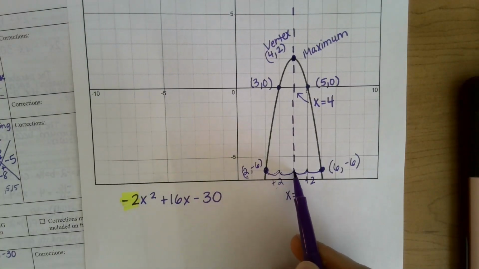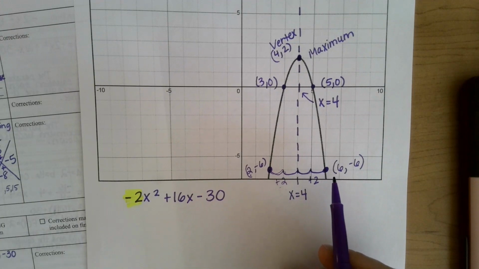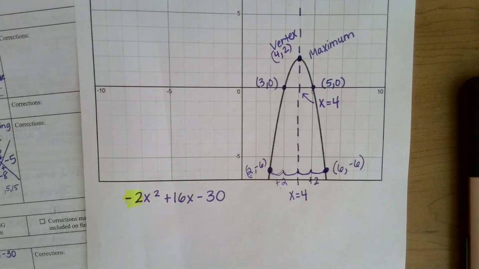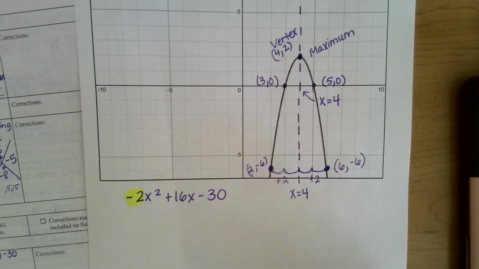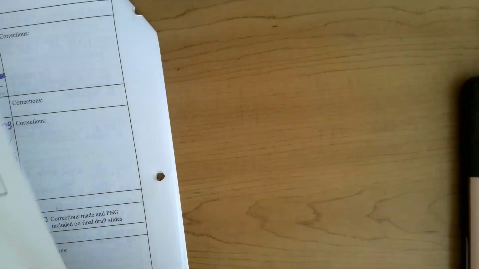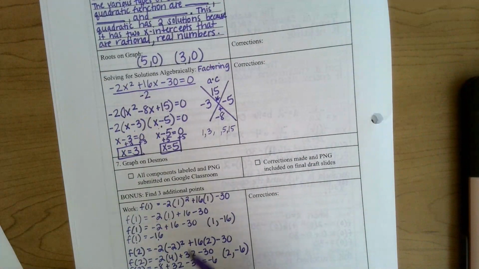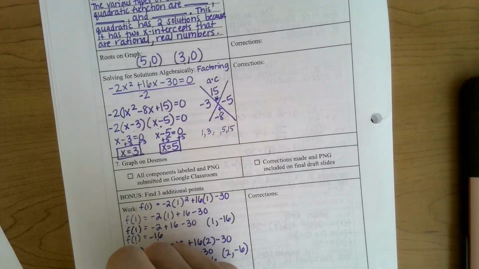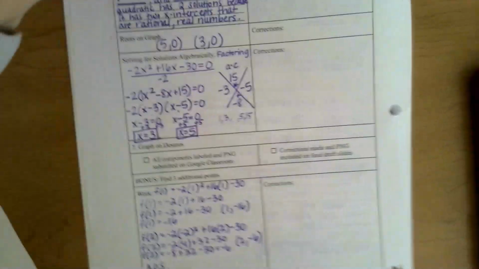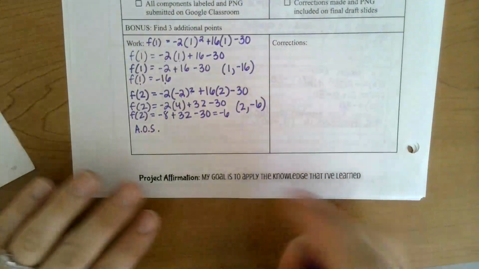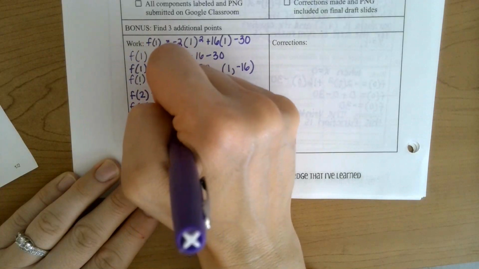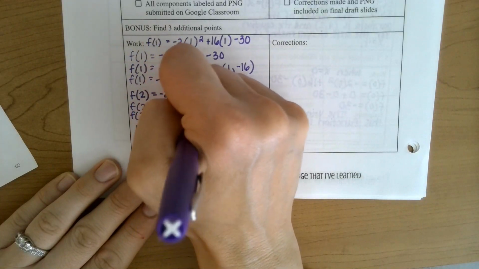Explain how much you are moving on the x or the y axis to get to the symmetrical point on the other side of the axis of symmetry. So for this one, I would say the axis of symmetry, I'm just going to put AOS for short. So the axis of symmetry is x equals 4.